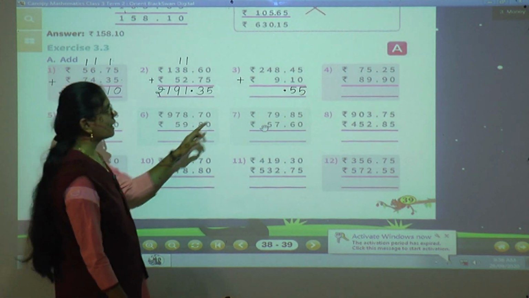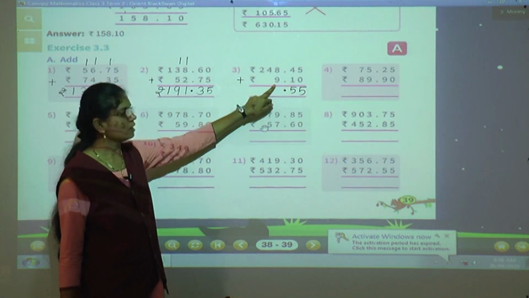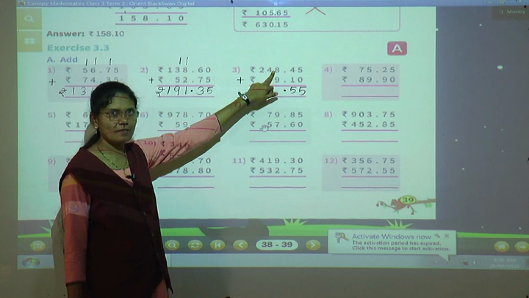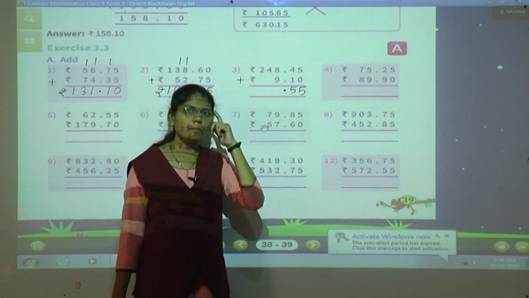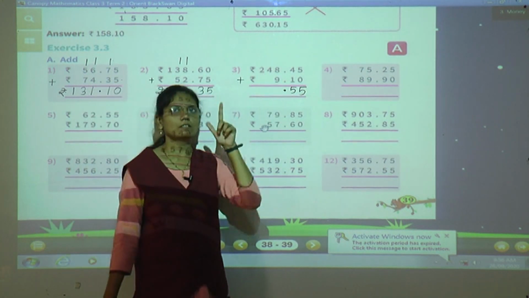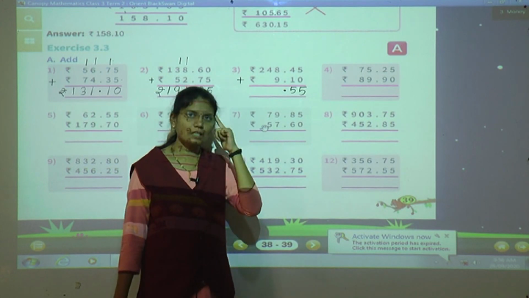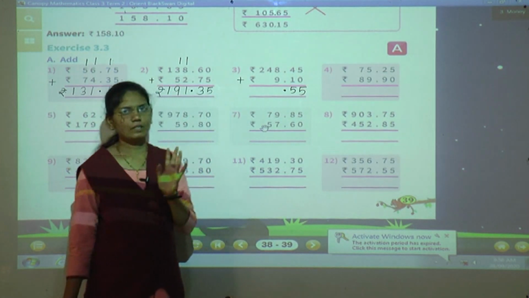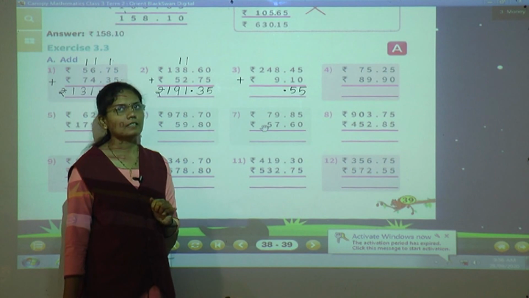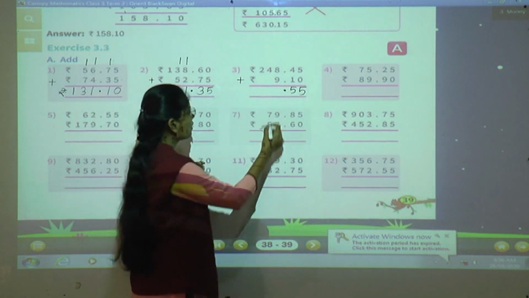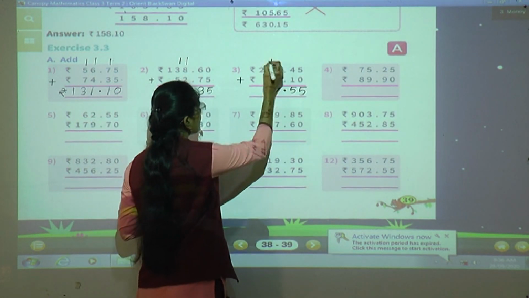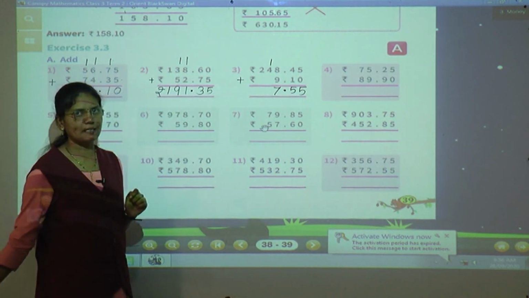Next, 8 plus 9. Now 8, this is the first number, you have to keep in your mind, and 9, show your 9 fingers. After 8 you have to count your 9 fingers. 8 plus 9, yes, 17. So write here 7 and 1 as a carry to the next place.